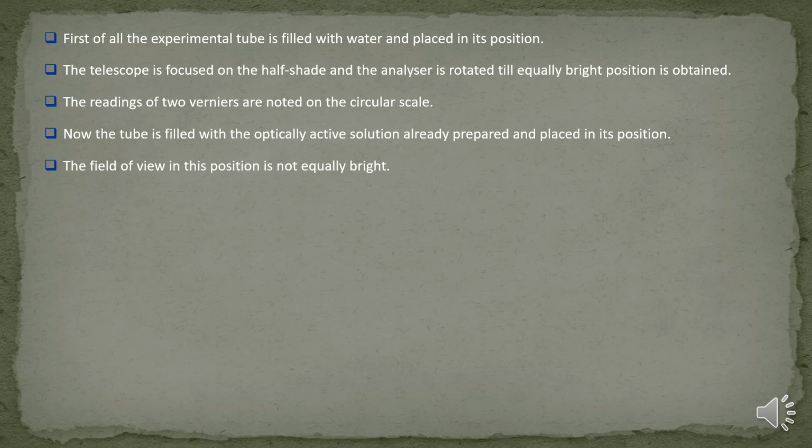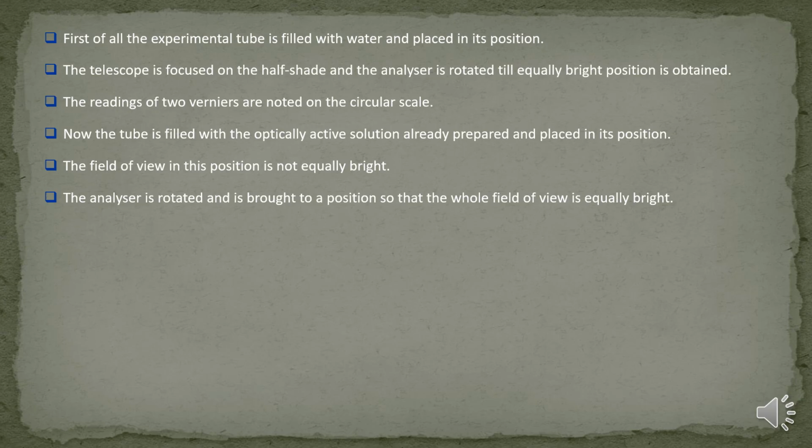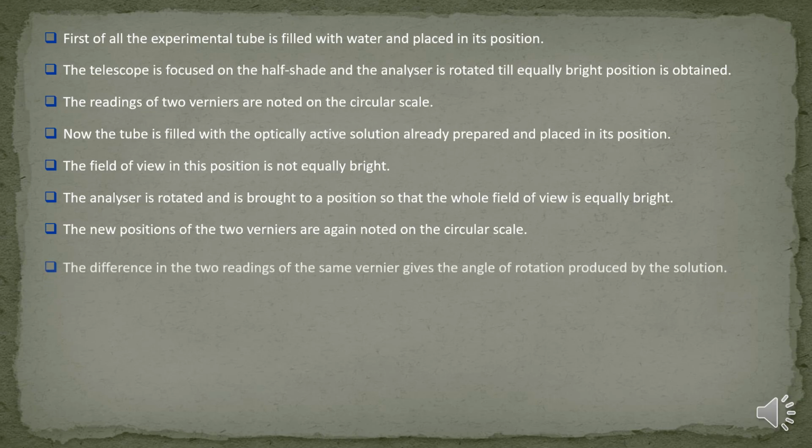The field of view in this position is not equally bright. The analyzer is rotated and brought to a position so that the whole field of view is equally bright. The new positions of the two verniers are again noted on the circular scale.